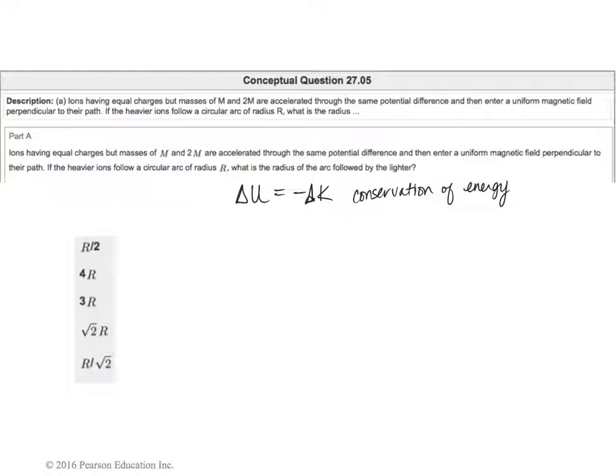And basically what is happening is you start your particle at a higher potential, and then it's going to move to a lower potential. And the reason it would do that is because this would also be the direction of the electric field. If you remember, the electric field points in the direction of decreasing potential.